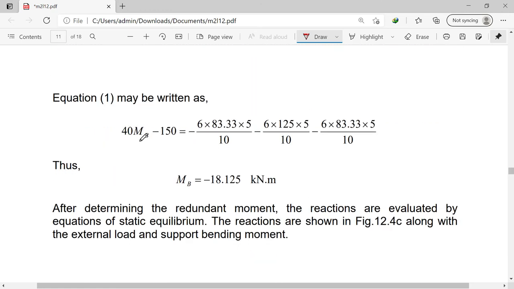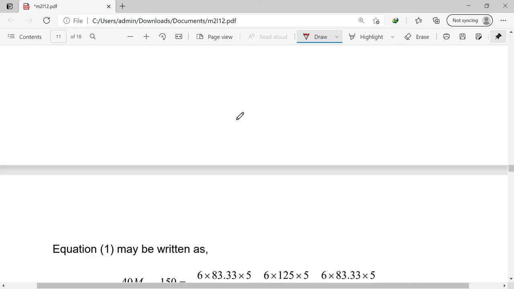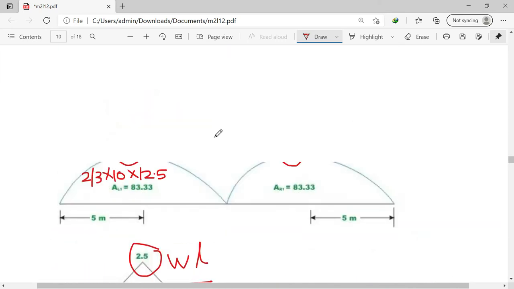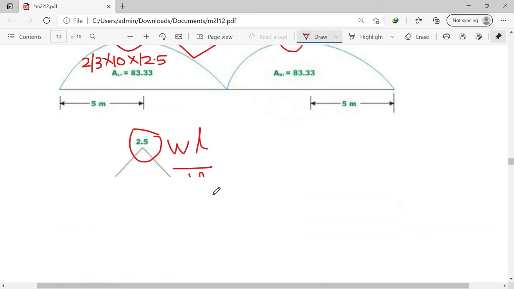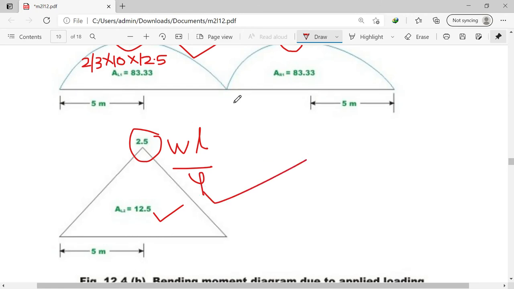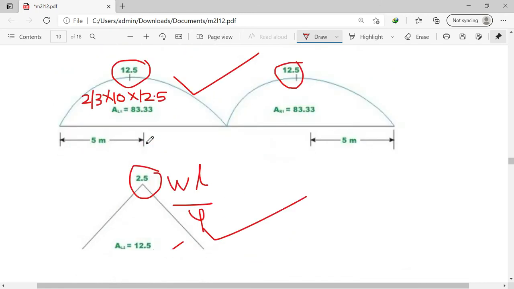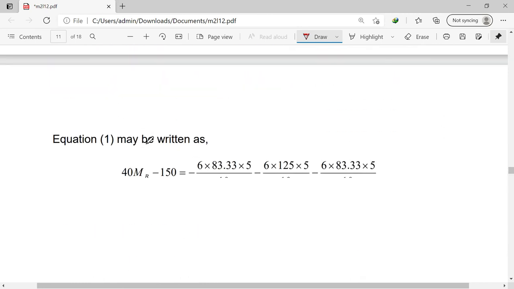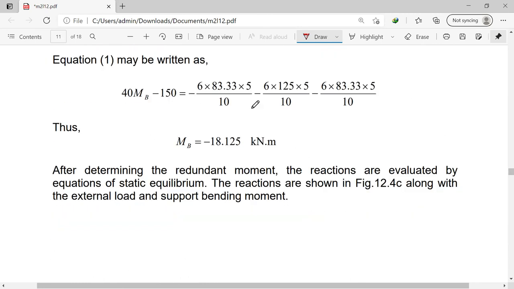The answer becomes 40 MB minus 150 is equal to minus 6 into 83.33 into 5 by 10 minus 6 into 12.5 into 5 by 10 minus 6 into 83.33 into 5. Here two values have been considered, one from this part and one from this part. Based on the external loading, the right hand part of the formula is going to change.